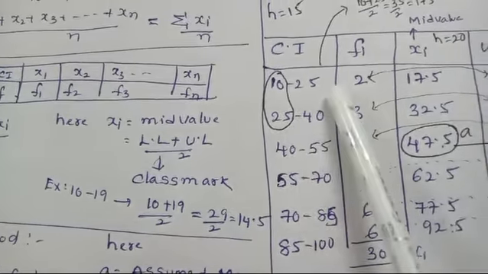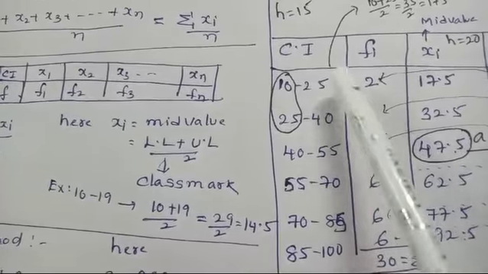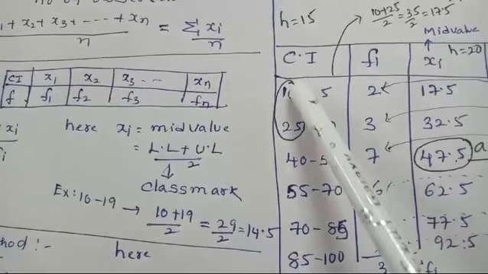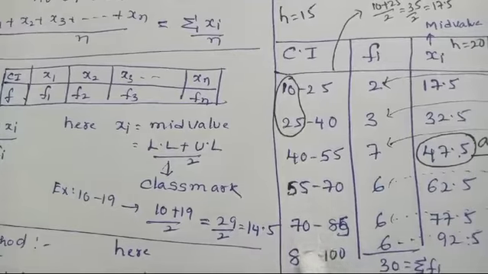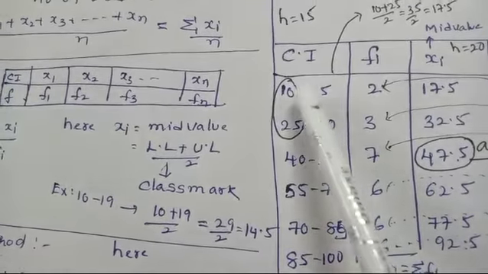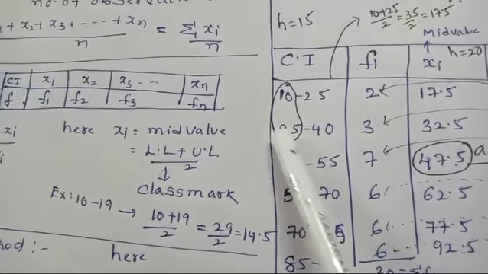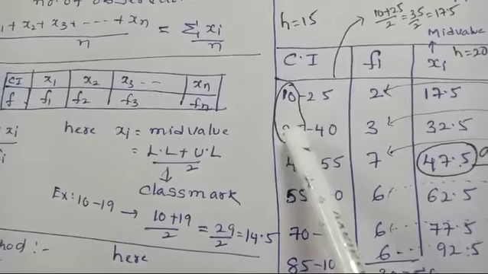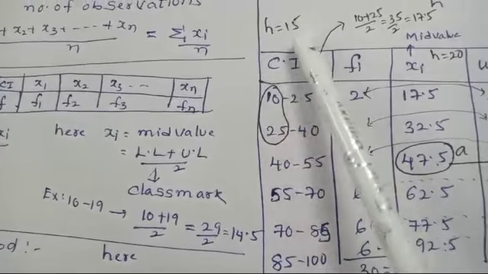In these class intervals, the first values we call lower limits and the second values we call upper limits. The difference of two successive lower limits is the class size. So 25 minus 10 is 15, the class size.